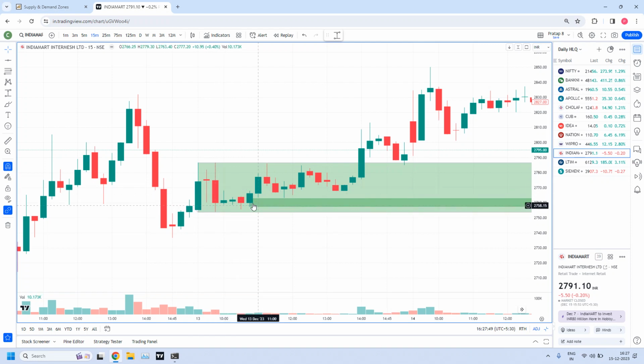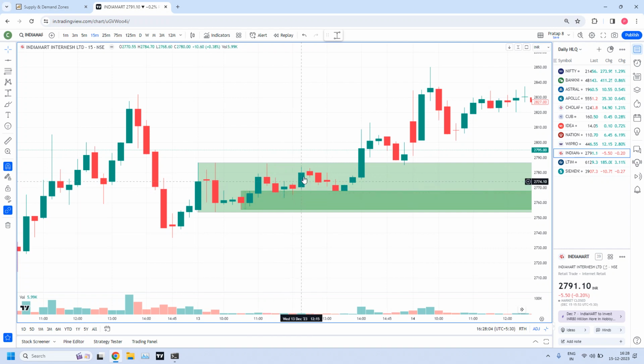Again, this is a leg in. This entire thing is a 15 minutes zone. We have a drop candle, 1, 2, 3, 4 base candles, and then we have a leg in. Again, prices entered here, again went up. That means this 15 minute zone is a high liquidity zone. It is holding the prices.